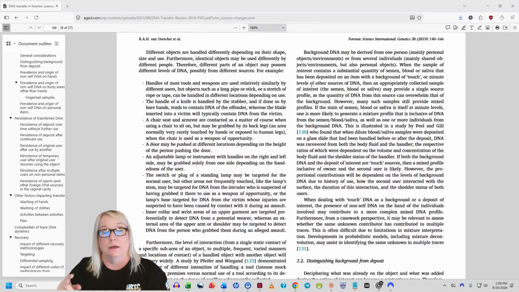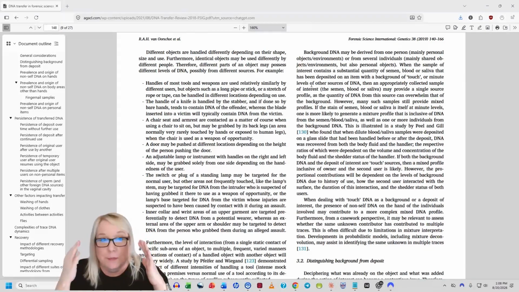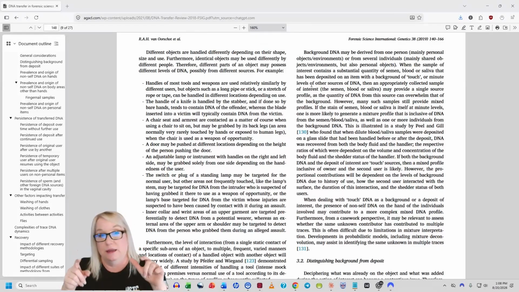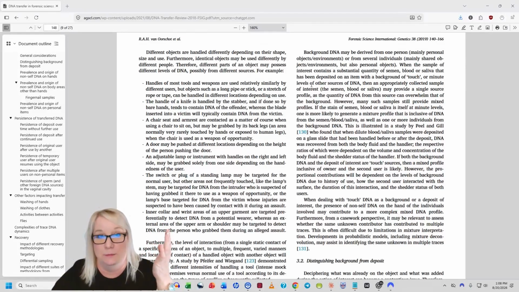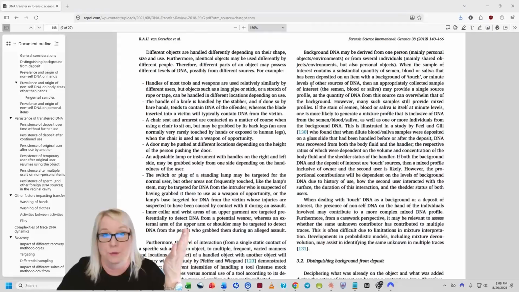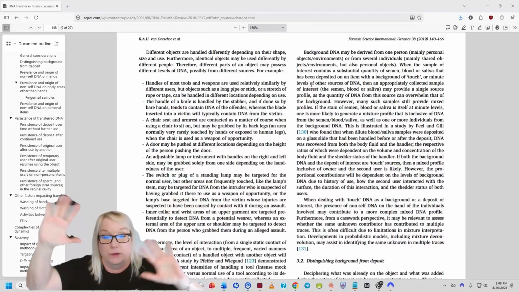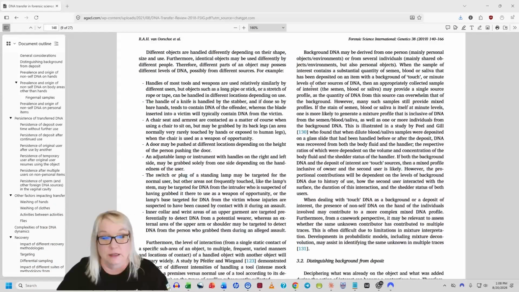This is why it helps to have a mindset of how the crimes occur and what the activity was going on in the residence or at the crime scene, rather than in the lab just having a piece of something that you don't know what the mechanism of use was. A door may be pushed at different locations depending on the height of the person pushing the door.